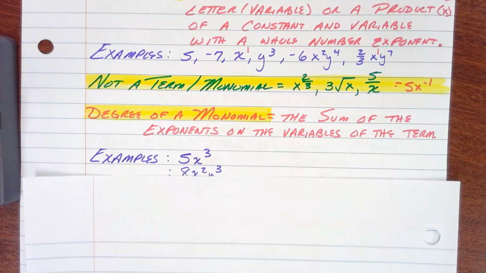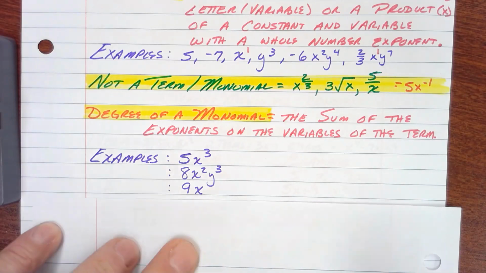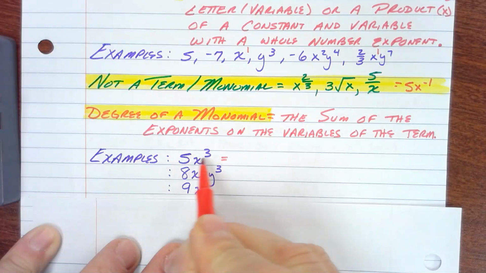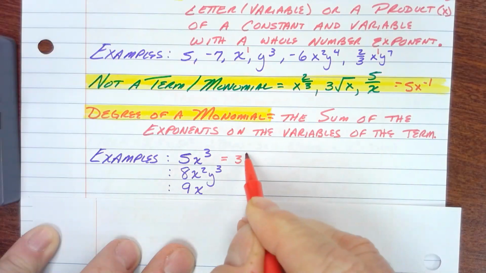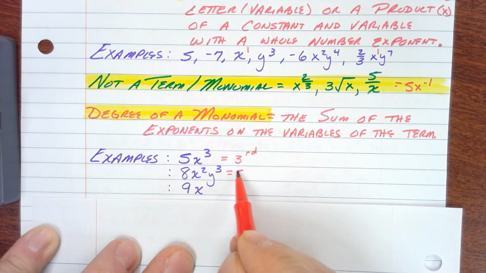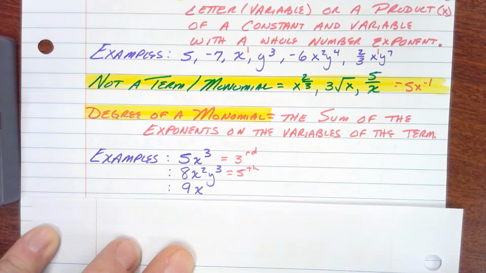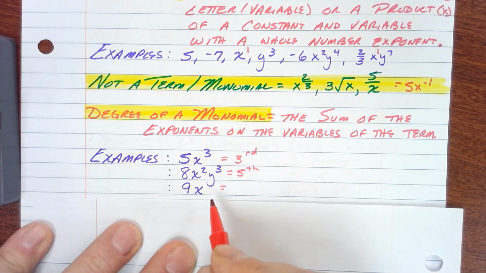So here are 3 examples, and the degree here, only on the variables, that's a 3rd degree. We add these 2 because they are the exponents on the variables. This is a 5th degree. Here again, I continually bring it up to you because it becomes a stumbling block.